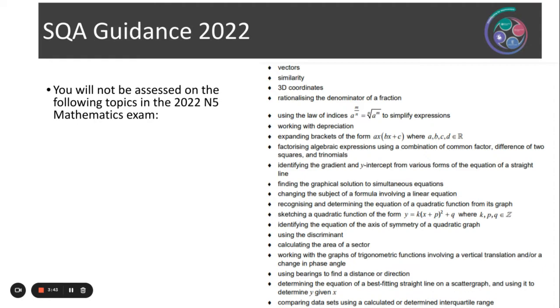Identifying the equation of the axis of symmetry of a quadratic graph, using the discriminant, calculating the area of a sector, working with the graphs of trig functions involving a vertical translation and/or a change in phase angle, using bearings to find a distance or direction, determining the equation of a best-fitting straight line on a scatter graph and using it to determine y given x, and finally comparing data sets using a calculated or determined interquartile range.